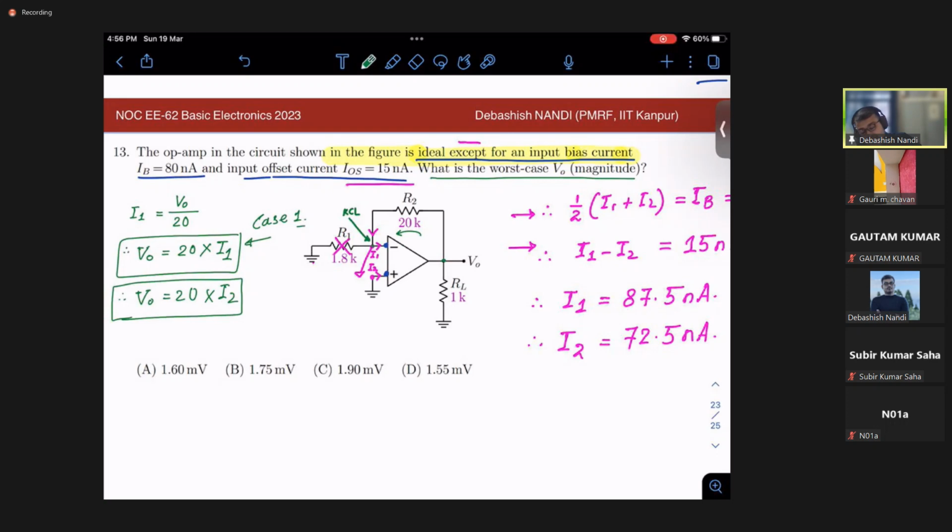That is your, this will be 1.45 millivolt. Another case it will be 187.5 into 20, right? It will be 1.75 millivolt.